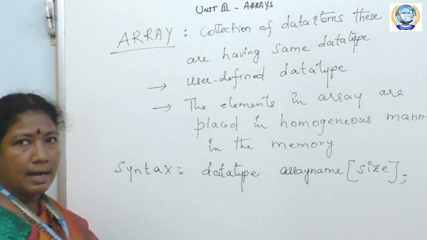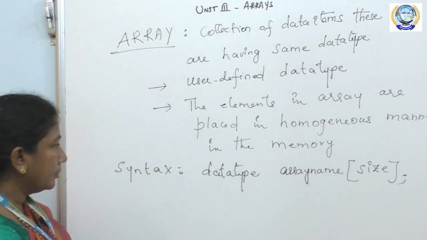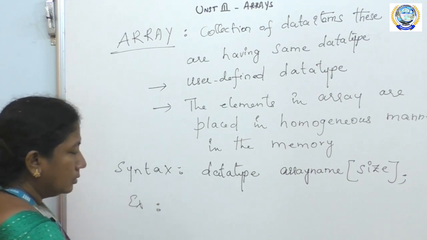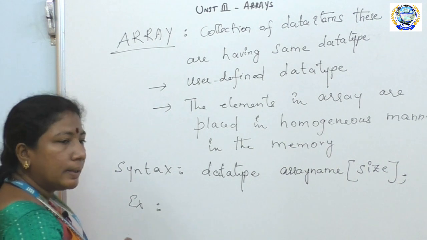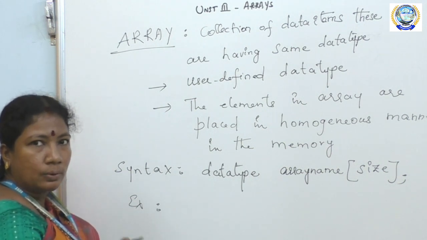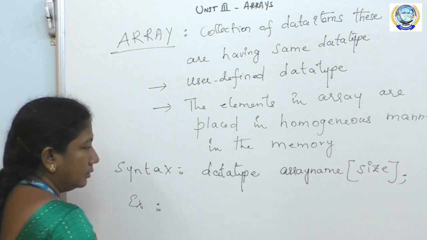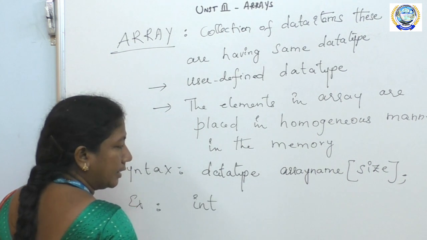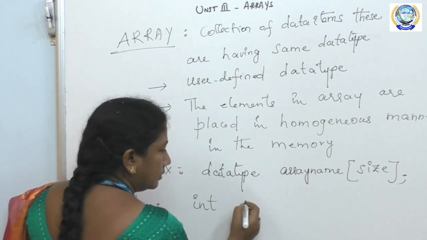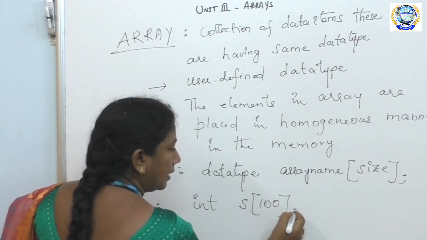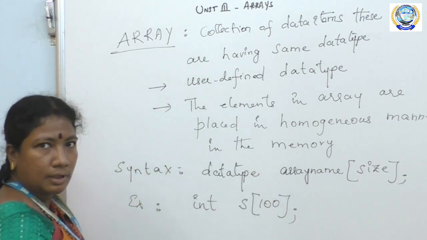For example, if we want to store the student roll numbers, that is 100 student roll numbers, then we have to take int s[100].